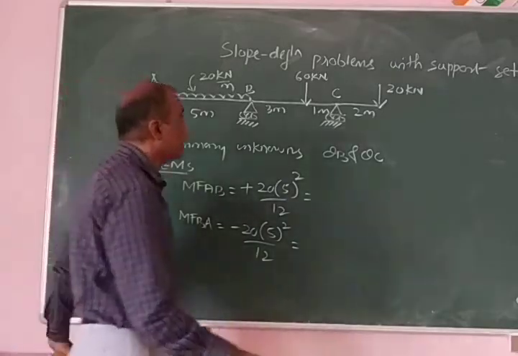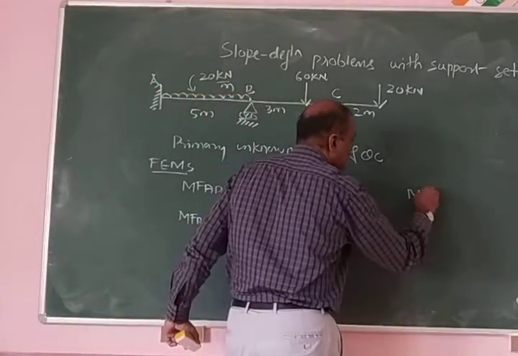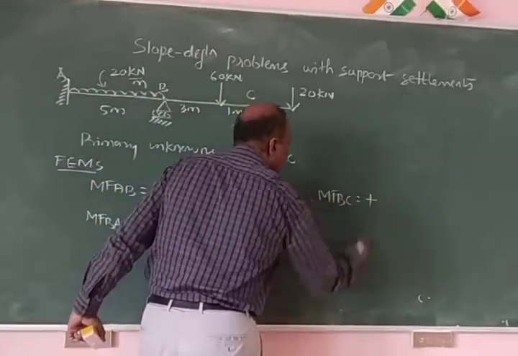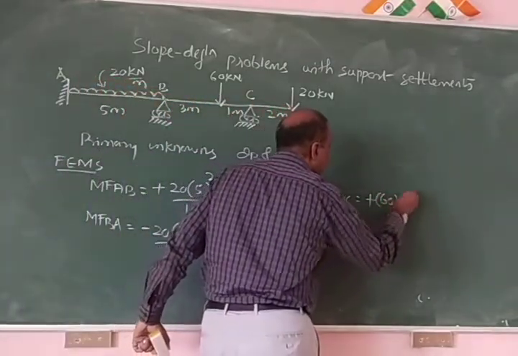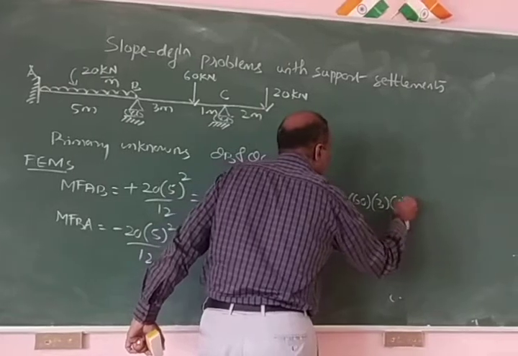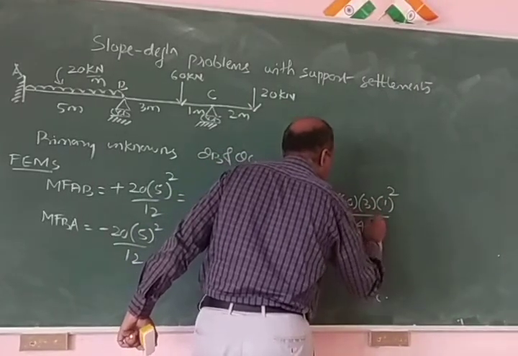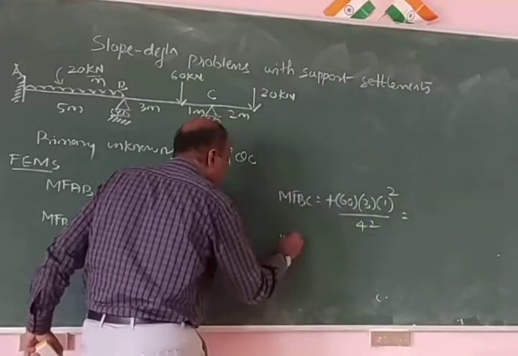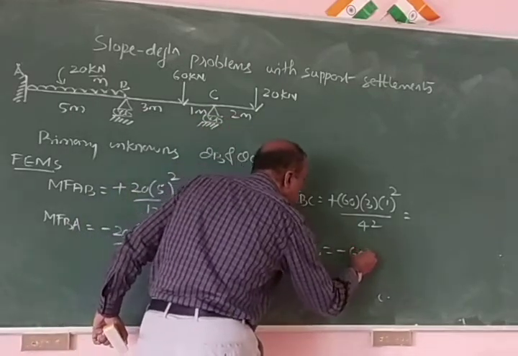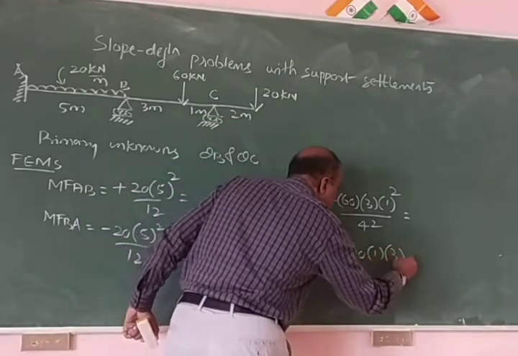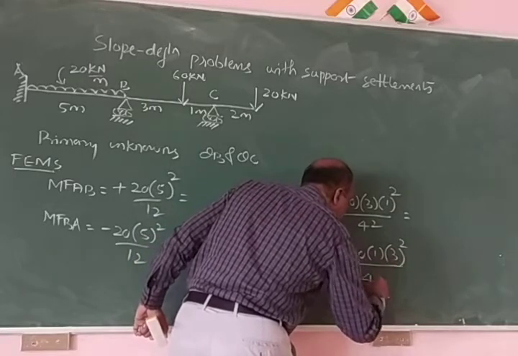Get on the calculation. MFBC, the formula is plus W A B square upon L square. MFCB is minus W B A square upon L square.